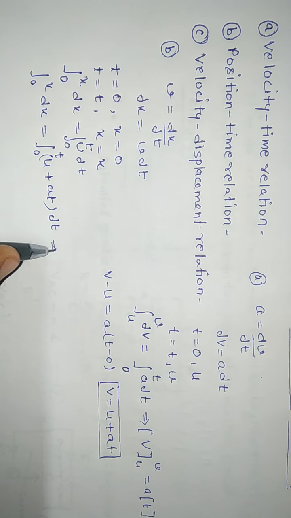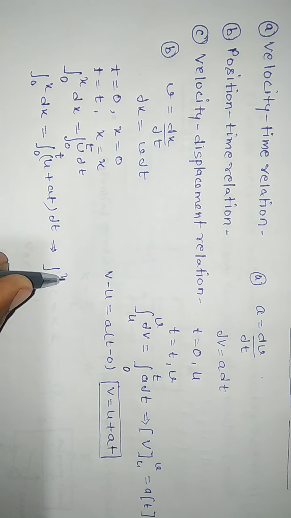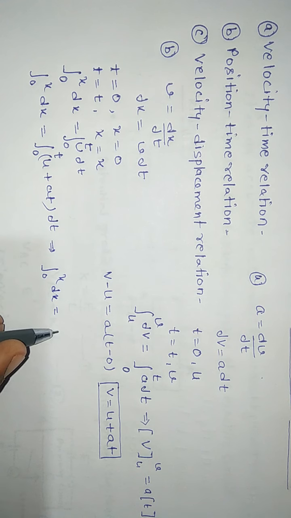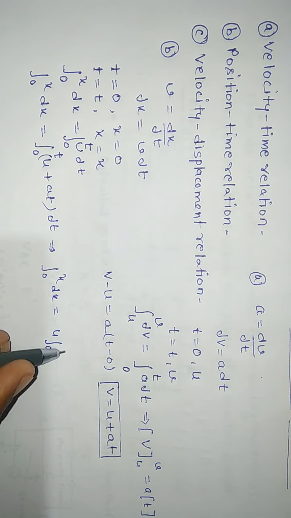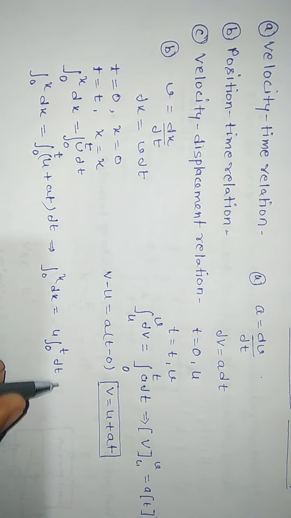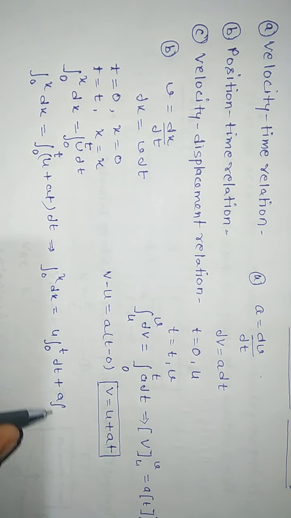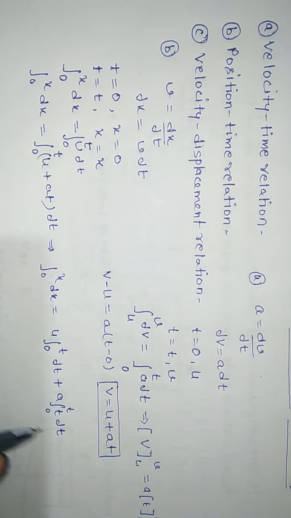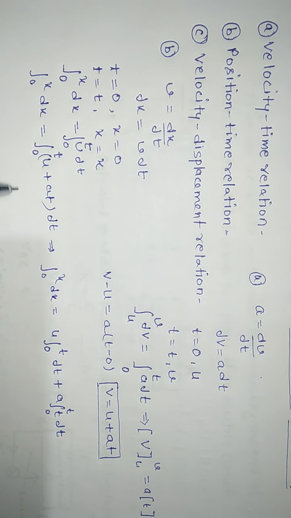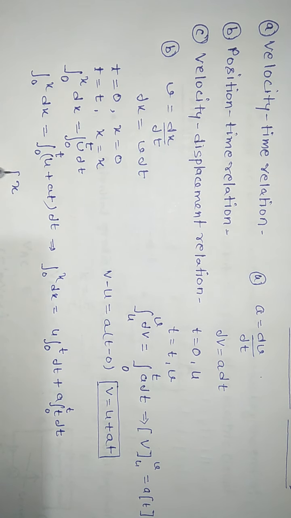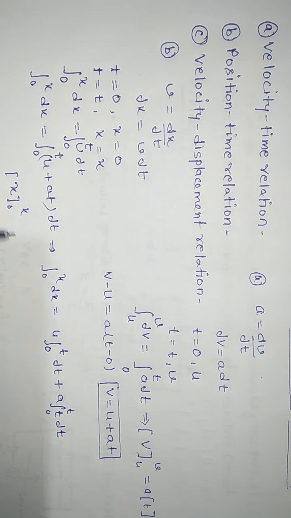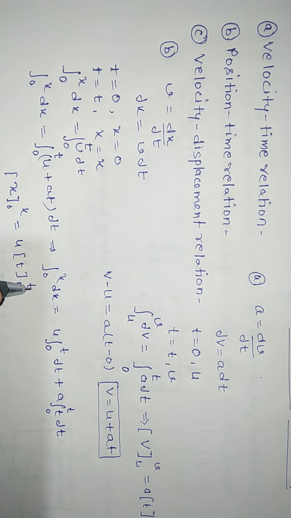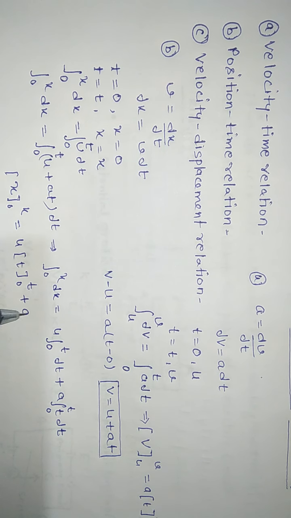or integral 0 to x dx is equals to u integration 0 to t dt plus a integration t dt limit 0 to t. From here we will get x limit 0 to x is equals to ut limit 0 to t plus a.